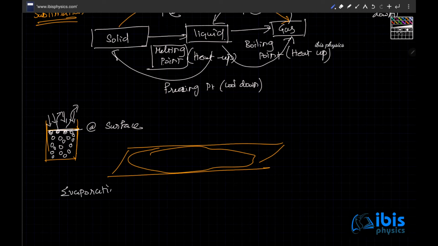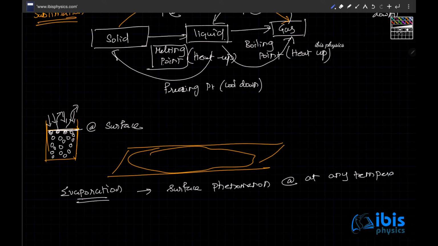Evaporation is a surface phenomenon. Surface phenomenon means it happens only at the surface and at any temperature, as long as it is a liquid.